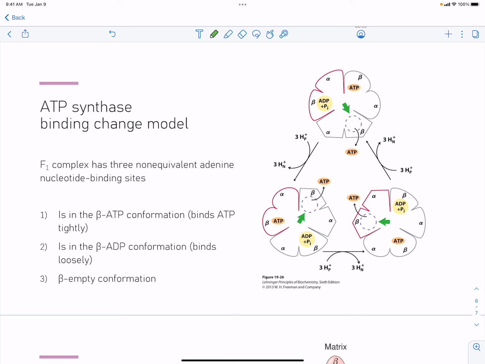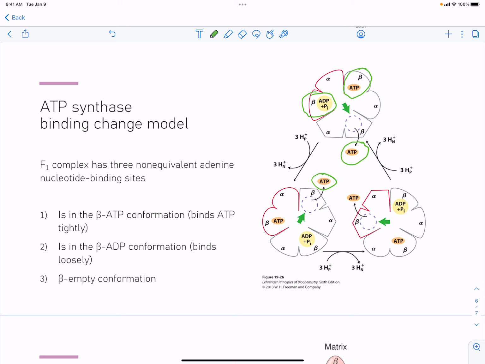So in essence, you're going to have your ATP binding here at the beta subunit, and then you have it released. ADP will bind, and an inorganic phosphate will be added to it, and this is going to form ATP and be released.